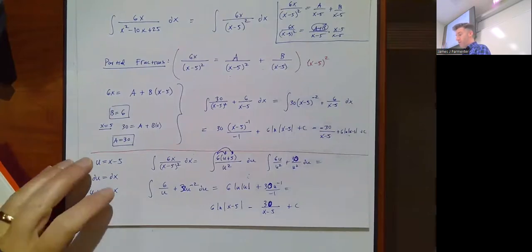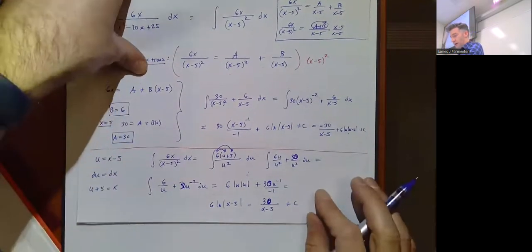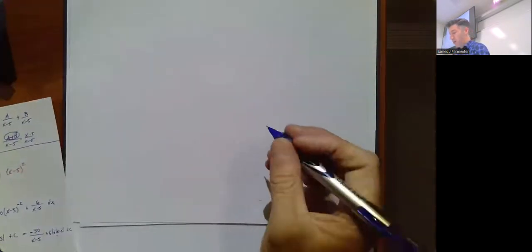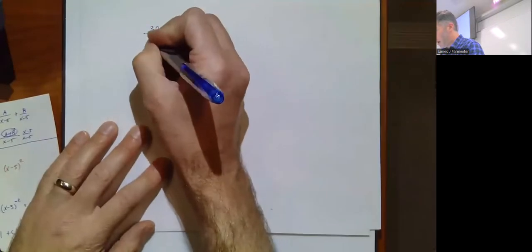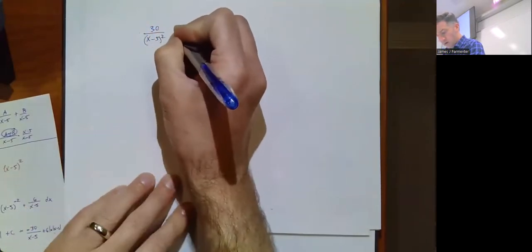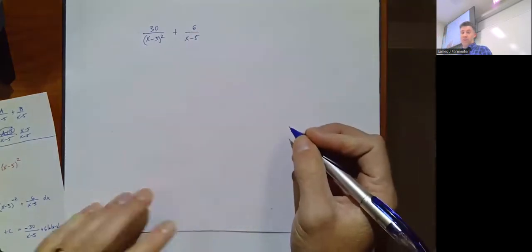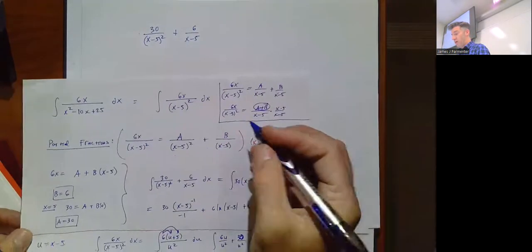Just so everyone's super clear about this, I want everyone to see it is definitely true that 30 over x minus 5 squared plus 6 over x minus 5 is equal to the thing we started with, 6x over x minus 5 squared.